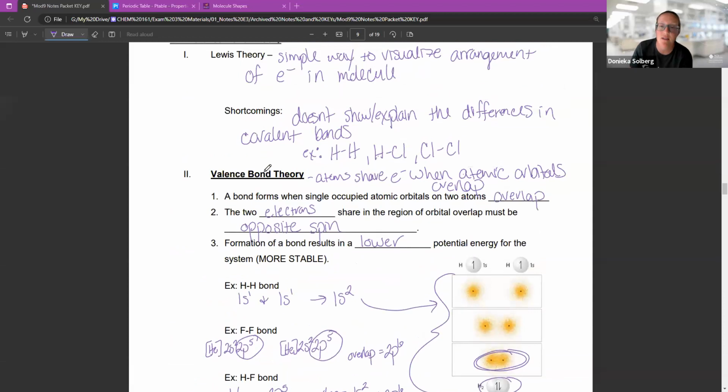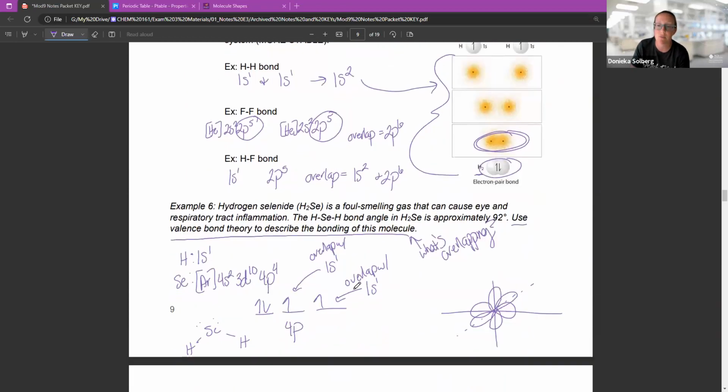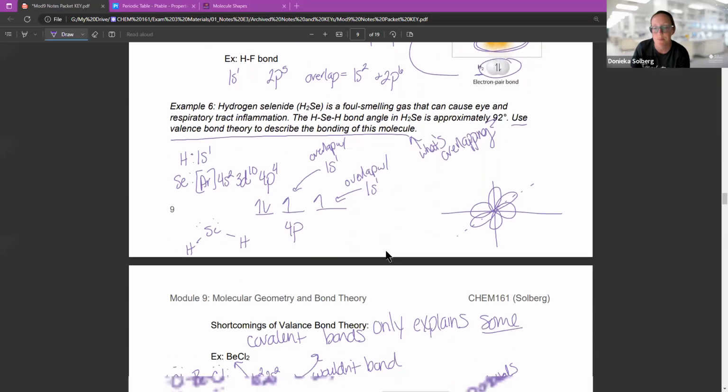So valence bond theory actually explains why some molecules, like this molecule, have different angles than what VSEPR theory expects. So this is a little bit more in depth and explains some of the other anomalies we see that don't fall under VSEPR theory.